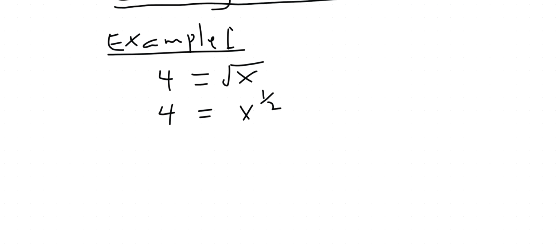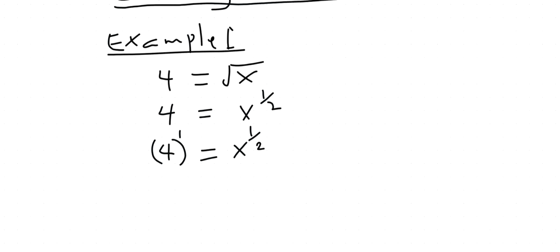As it stands, what is the power of 4 here? Let's write 4 to the power of 1, and then we have x raised to the power of half. What do we do now?